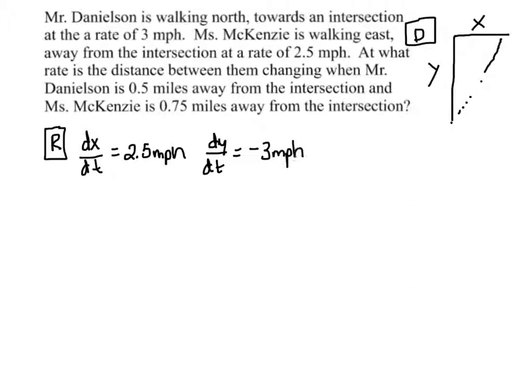Now the reason it's negative is because the length of y, this length right here, as you're walking towards the intersection... I'm saying this wrong. The length y is getting shorter, whereas the length x is getting longer. Okay, so that's why the rate for y needs to be negative, because this length is getting shorter. Of course, if we name this z, we're looking for dz/dt.